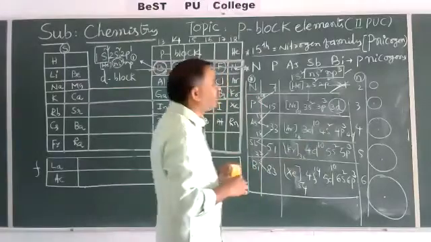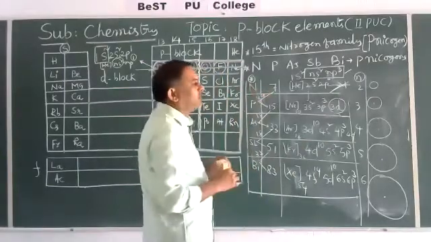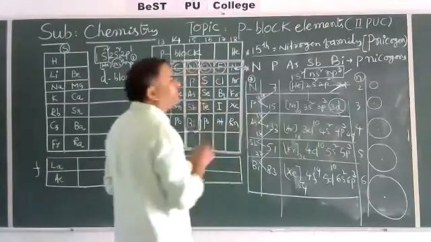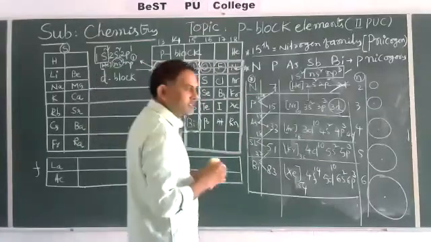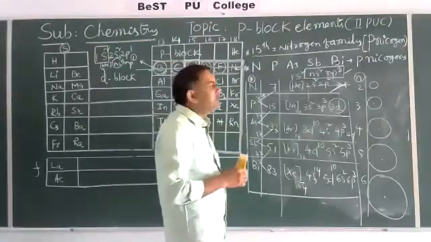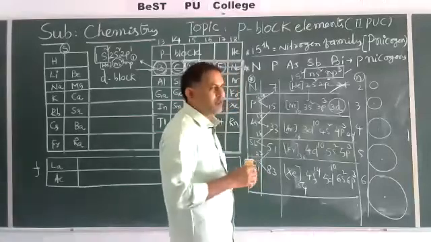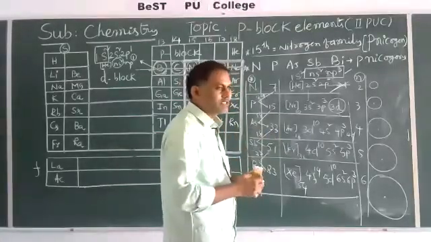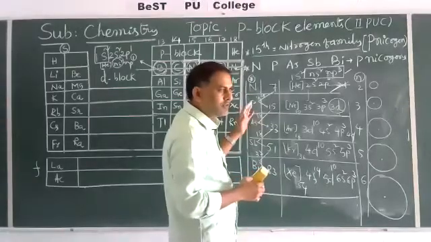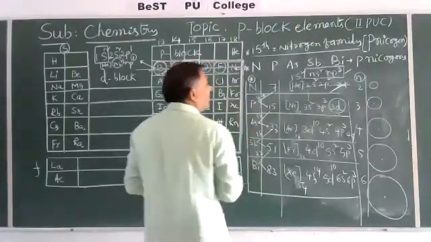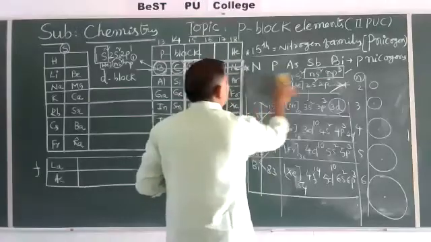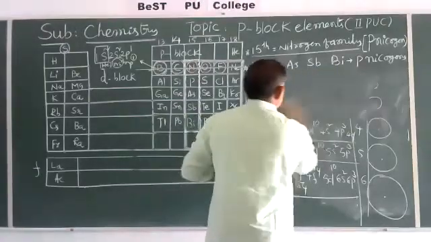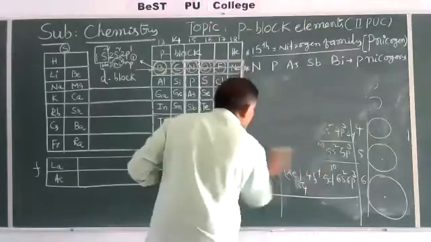Anyhow, after this general electronic configuration, one simple important point, the occurrence of these 15th group elements. After that occurrence, we'll start physical properties. Clear? Electronic configuration. Now, on the basis of this electronic configuration, I'll explain some important physical properties.